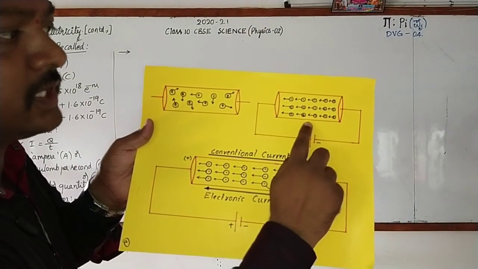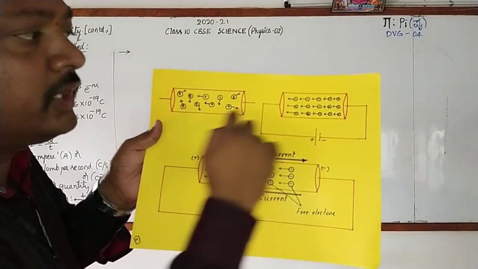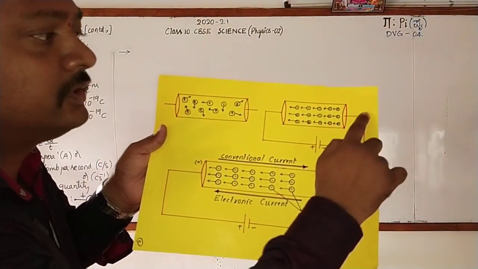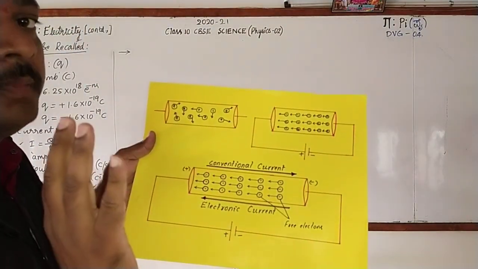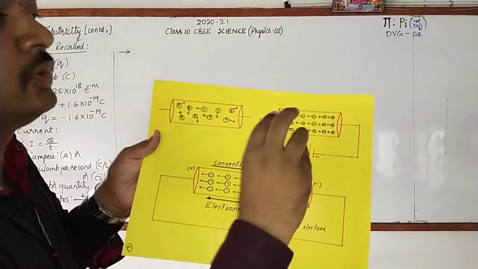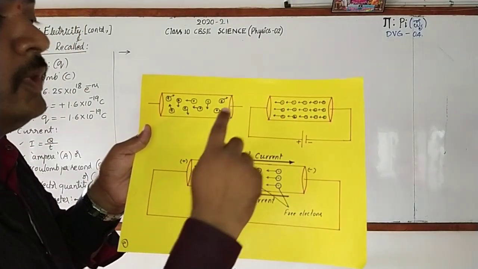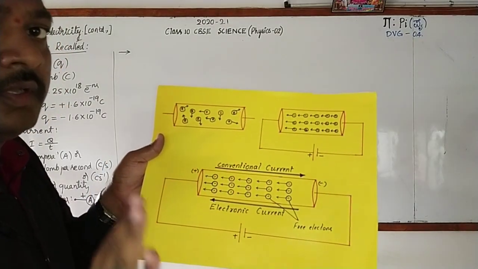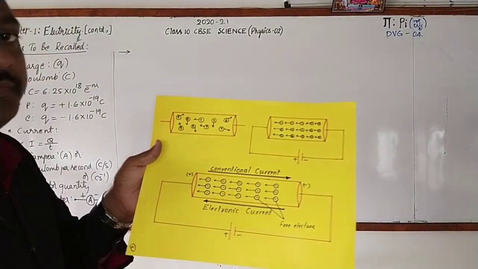And you can observe the second figure. Here, electrons are moving in a particular direction. Why? The reason is the free ends of the conductor are connected to terminals of a battery. So, electrons will move in one particular direction when the conductor is connected to the terminals of a battery. Clear? This is about the movement of electrons.